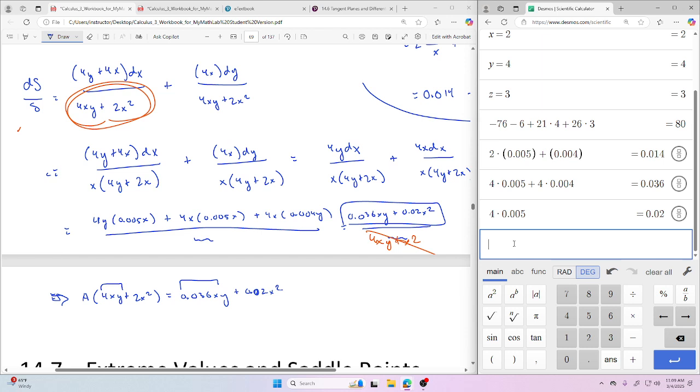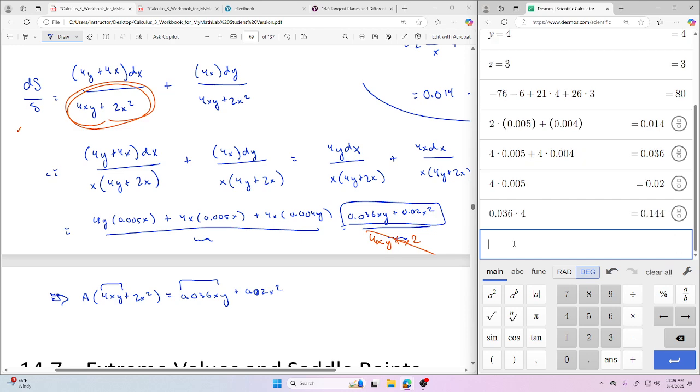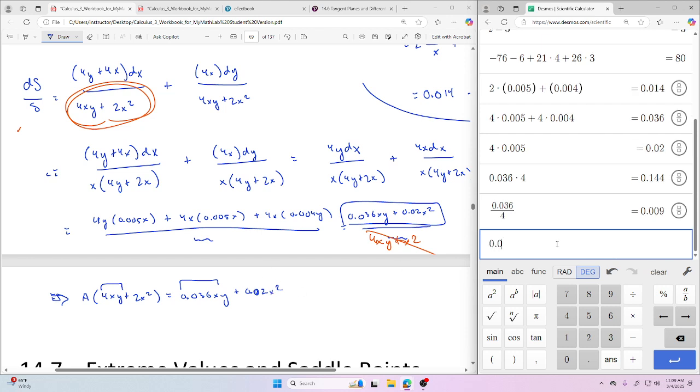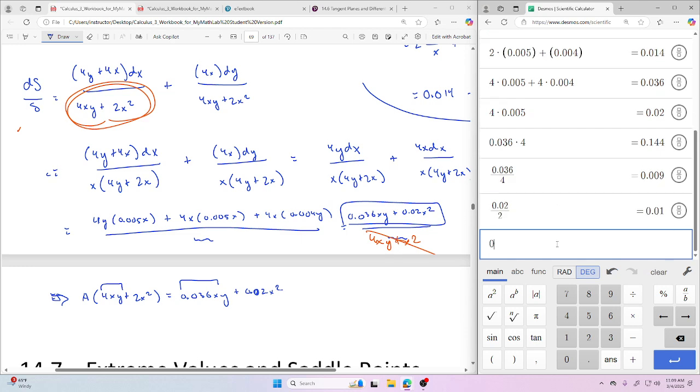So let's see some options: times 4, divide by 4. And on this side here, we need a 2, so divide by 2, times 2. Nothing's kind of lining up.